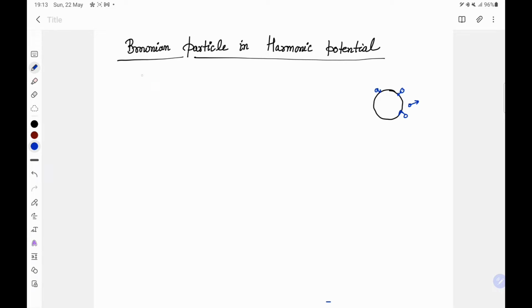So earlier the equation of motion for the Brownian particle was dv by dt equals a drag and a noise term due to the bombardment and drag due to the movement in the fluid. But now there is, let's say, a harmonic potential present, then the particle will feel an extra force.